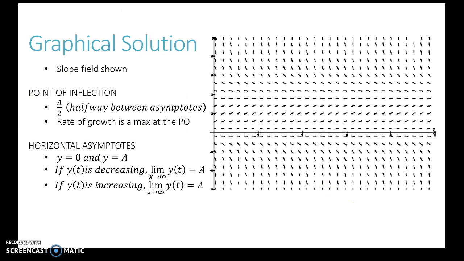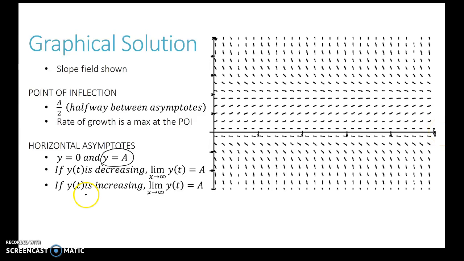With any differential equation, the graphical solution is the slope field. Notice that there are two horizontal asymptotes. There'll be a horizontal asymptote at A, your carrying capacity, and then there's a horizontal asymptote on the x-axis at y equals 0.